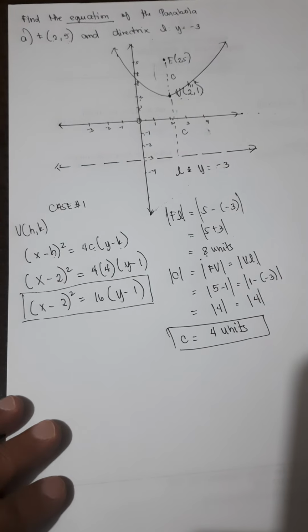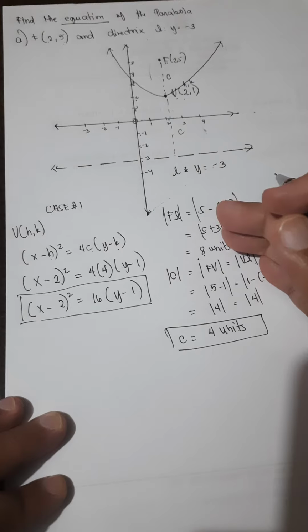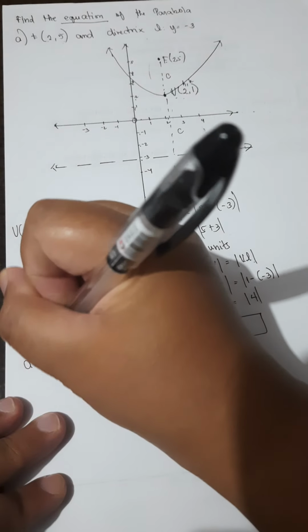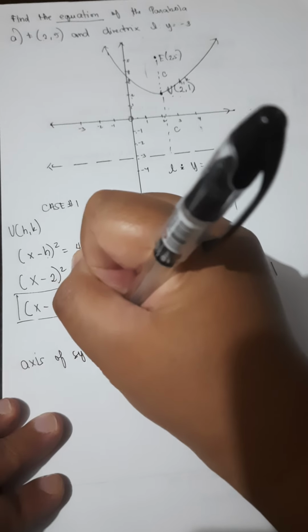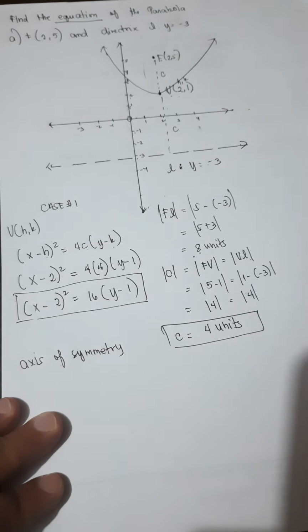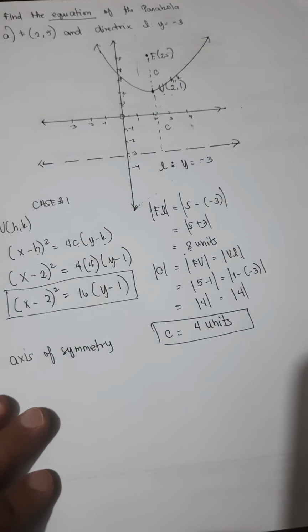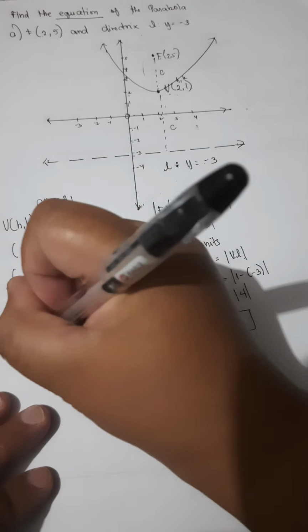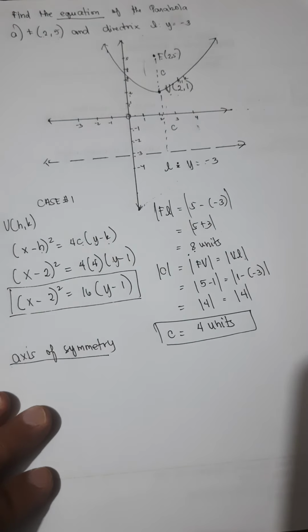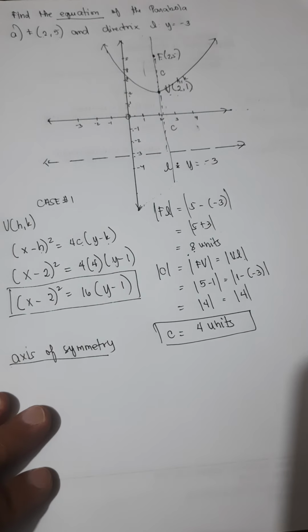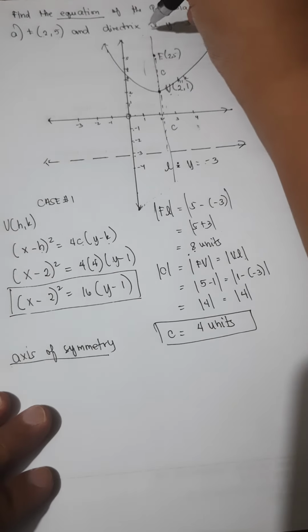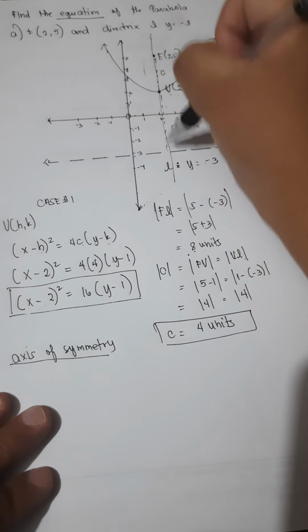Now, in addition to this, you can also determine now the axis of symmetry. Now, i-add ko lang, axis of symmetry. Okay, so how are you going to get the axis of symmetry? By the way, what is the role of the axis of symmetry? It divides your parabola into half. Okay, so into two equal parts.